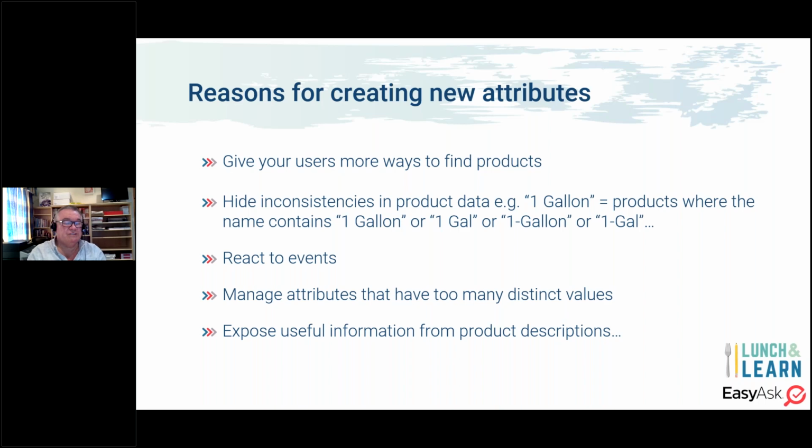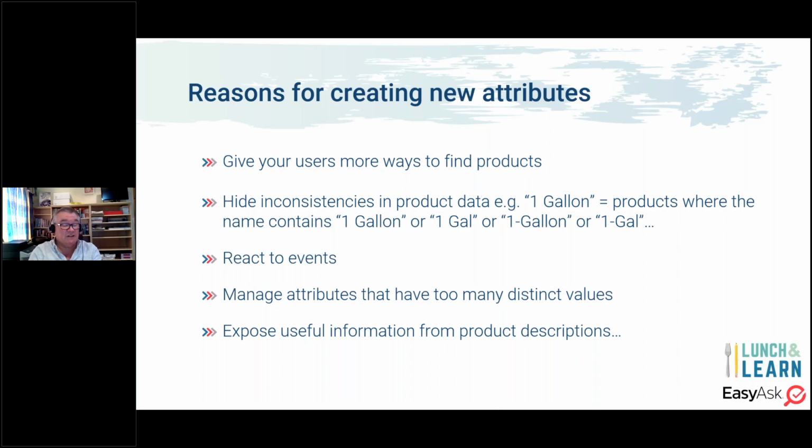Another reason you might want to create new attributes is reacting to events. And the most obvious recent example is, of course, the COVID pandemic, and many of our customers who sell products that are relevant have created COVID attributes so that the user can click on a COVID attribute and perhaps look at the values of face masks, sanitizer, and so on, in order to zoom straight in on those products.